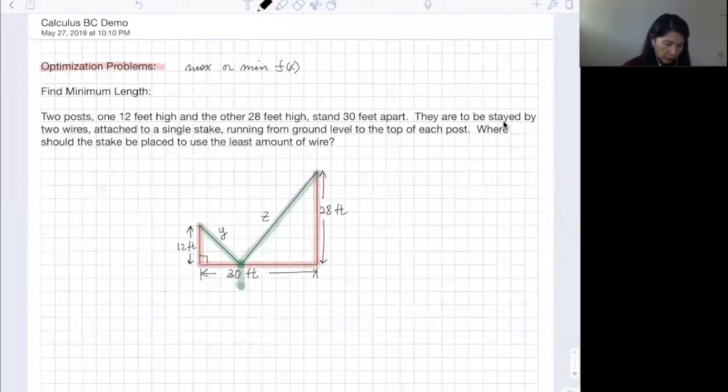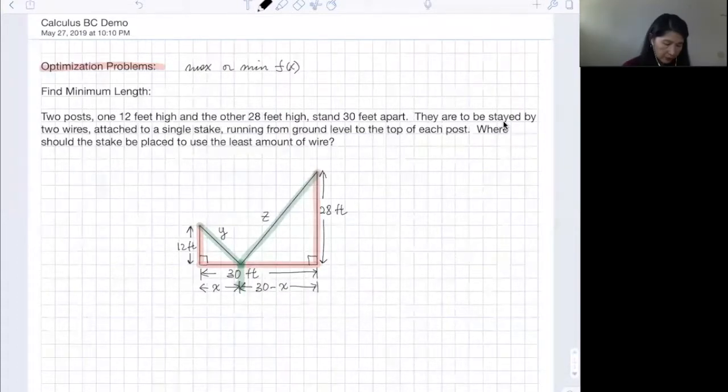Here's my first right triangle and here's my second right triangle. The length of the leg of the first is X, and since the distance from the first post to the second post is 30 feet, if the distance from the first post to the position of the stake is X, then this second length will be 30 minus X.